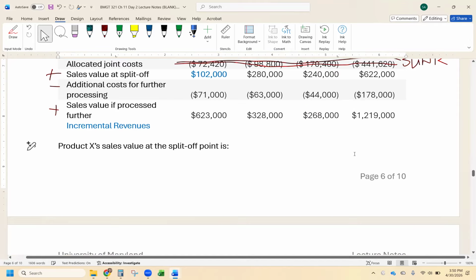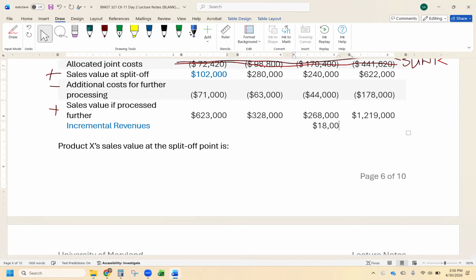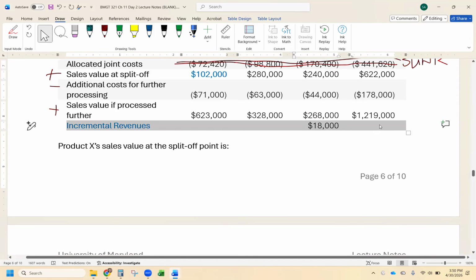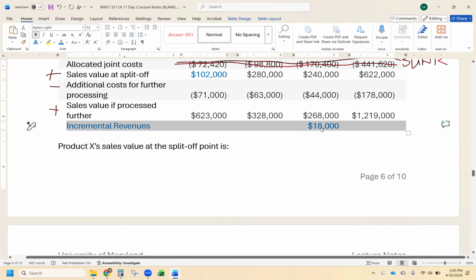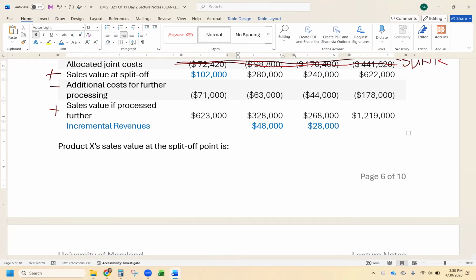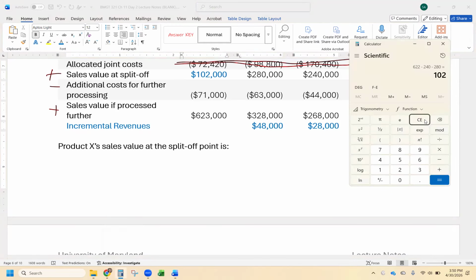Don't do math in your head. And this one is 48. And then this one, I'm really not going to do this one in my head. 523, 518, 521.